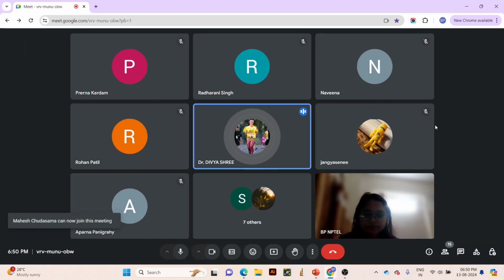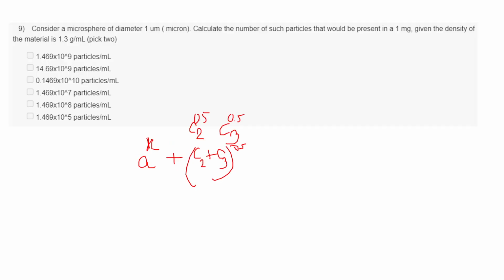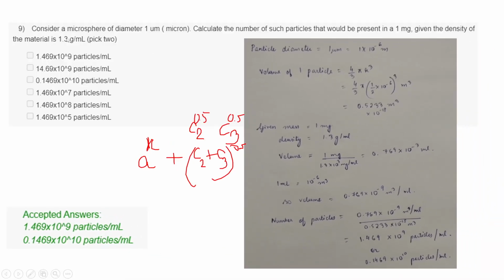Ma'am, can you repeat the last answer again? Sure. The particles answer, this one. Yes. Okay. So here we have a microsphere of diameter 1 micron.